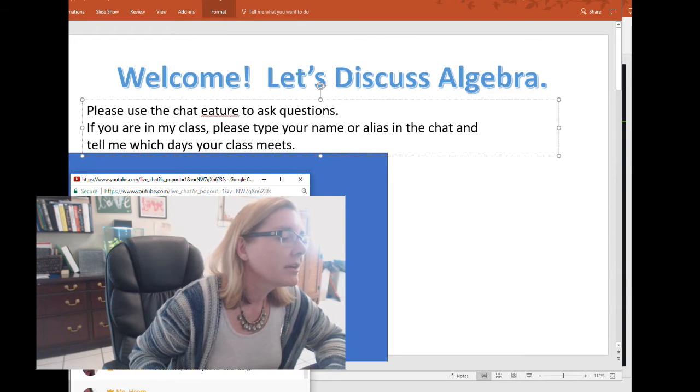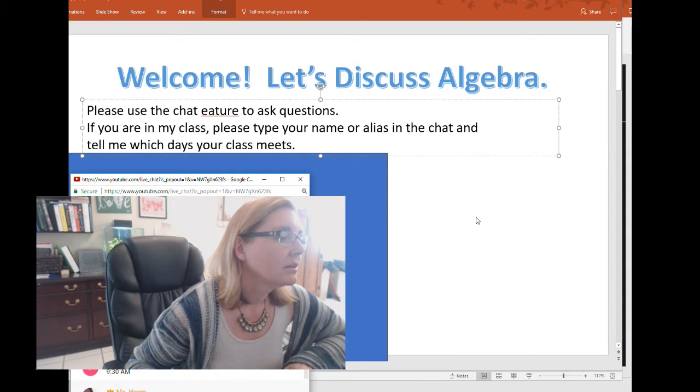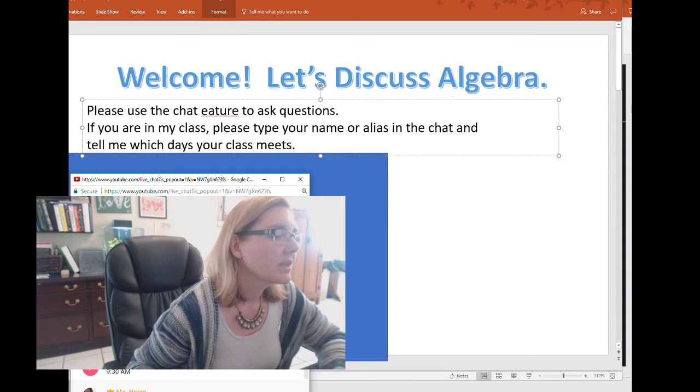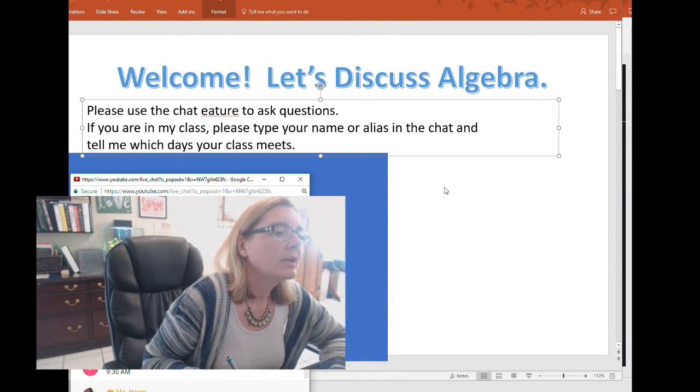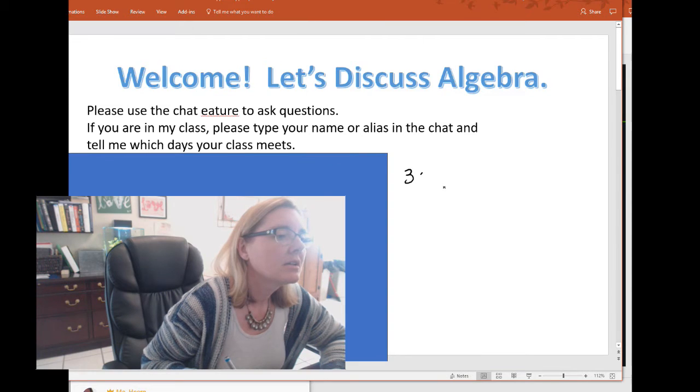So I'm going to work an example where we're given the equations of lines and we have to determine if they're parallel, perpendicular, or neither. So we are going to say that we have the equation 3x plus 4y equals 12.